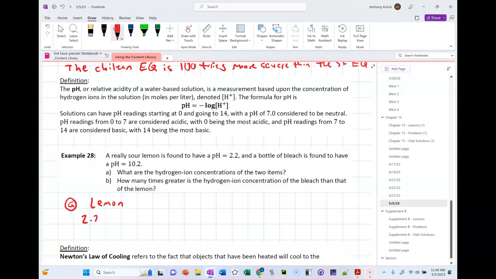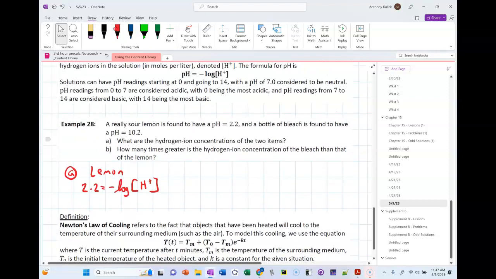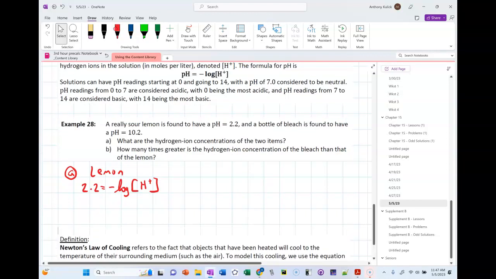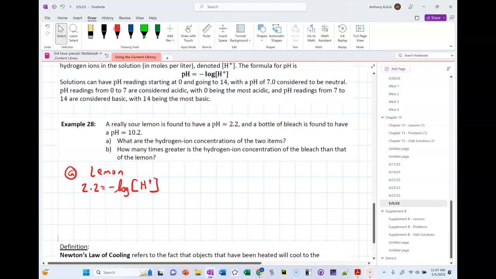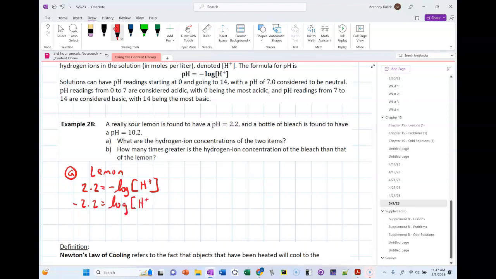So we have the pH of lemon, which is 2.2. It's equal to negative log of H plus. What I want to get is that concentration of H plus by itself. So the first thing I'm going to do is multiply both sides by negative 1 to get the coefficient in front of the logarithm to just be positive 1.